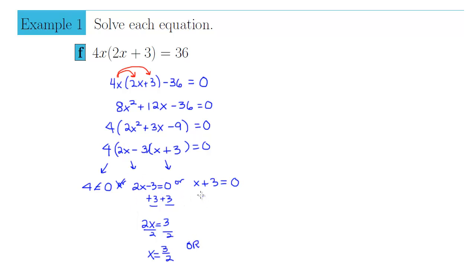There's also one more answer, and that comes from the factor x plus 3 equals 0. To solve for x here, we subtract 3 on both sides. So that tells us x equals negative 3 is another solution to this quadratic equation. Writing these as a solution set, the answers are negative 3 and 3/2.